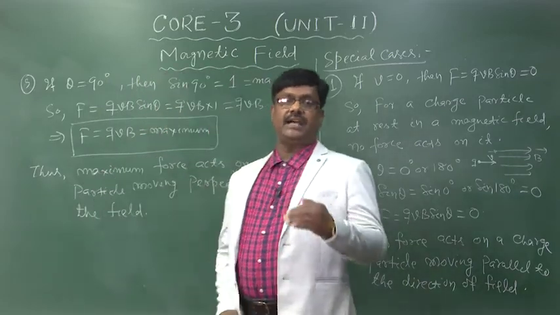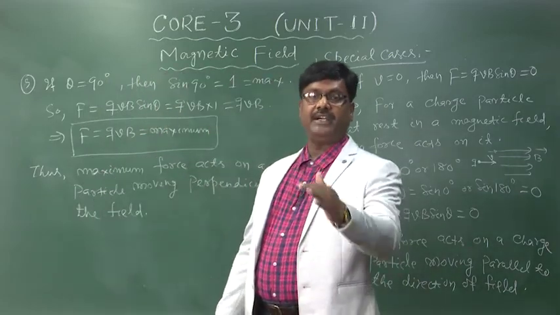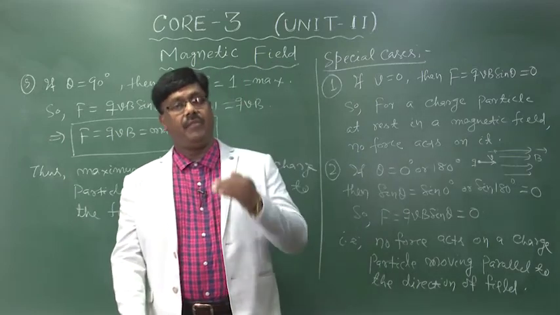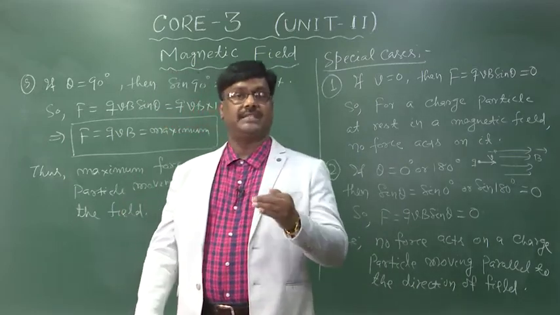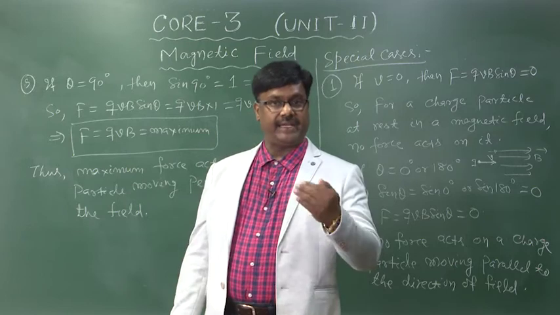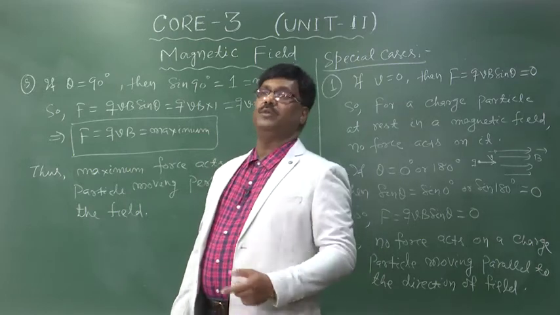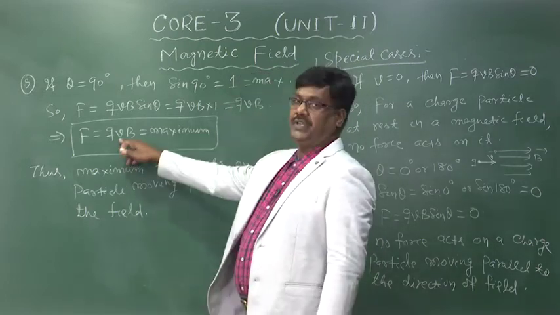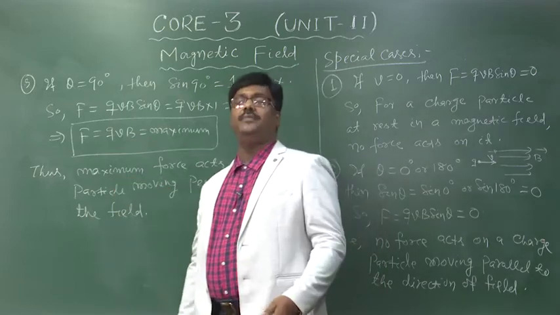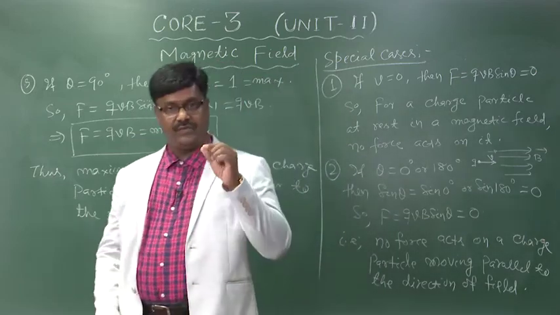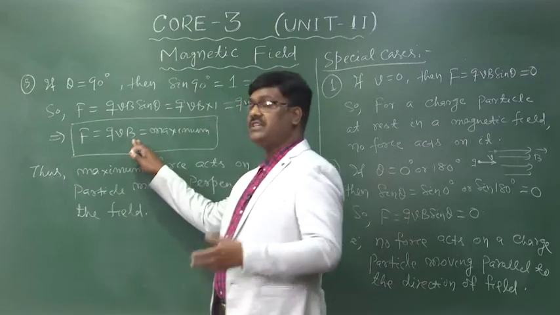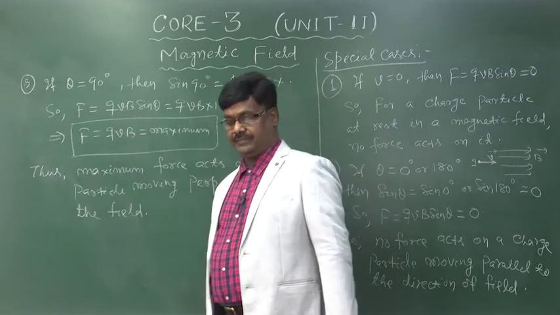If the charged particle moves perpendicular to the field, then it will experience maximum force due to the magnetic field, and that maximum force is nothing but QVB. That means product of the charge and the velocity and the field strength of the magnetic field.